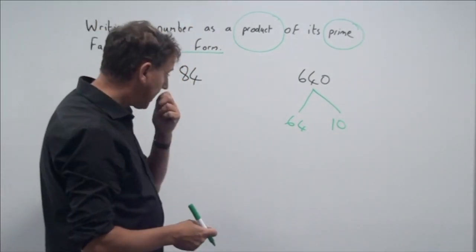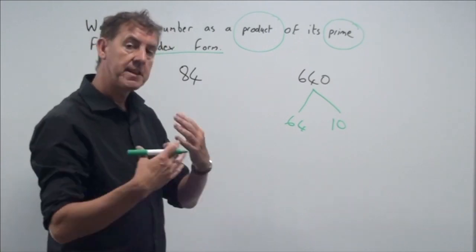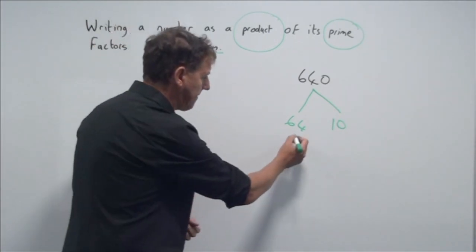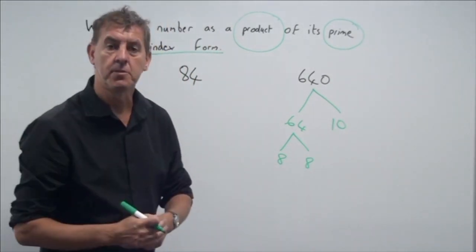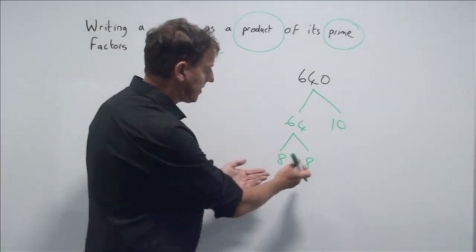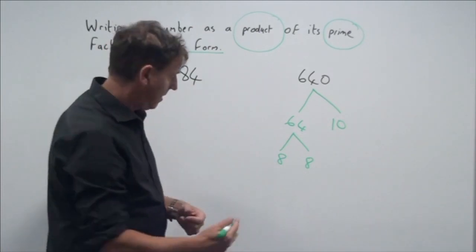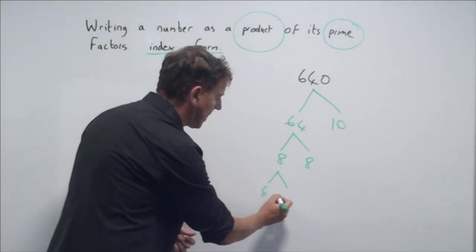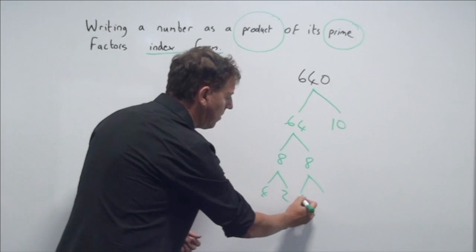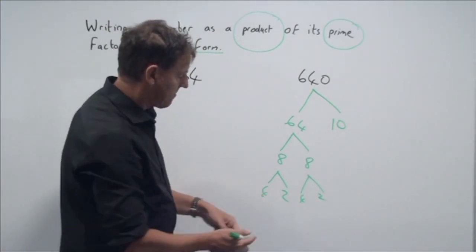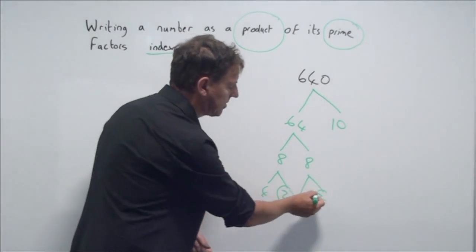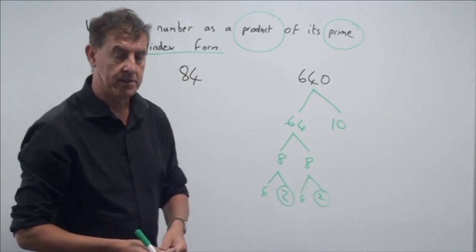Now I'm going to go ahead and break down the 64. I'm thinking of 8 times 8 making 64. Those 8s aren't prime, so I've got to go again. I can have 4 times 2, 4 times 2, and finally I've got a prime number, so I put a circle around each of those 2s.